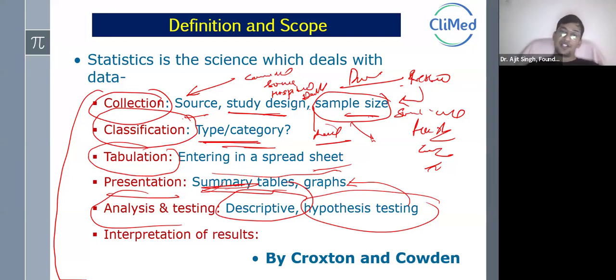If I ask you to describe your class 10, you have all the analytics, the spreadsheet, and you represented the data, but for the interpretation, how will you define your class?